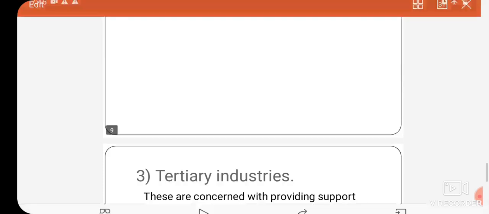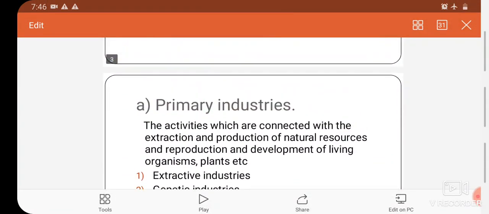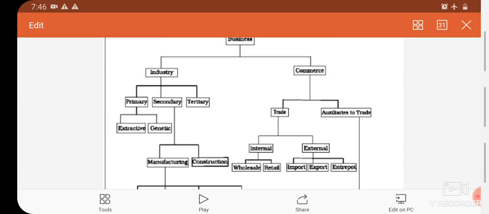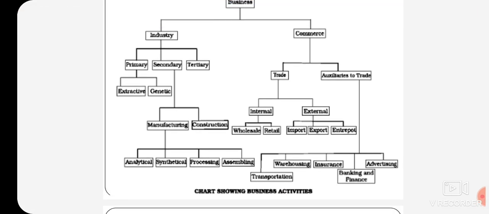Make it a point, dear students. That is the classification of business activities we have studied so far. Industry meaning: industry is classified into three, primary, secondary, tertiary. In case of primary, extractive and genetic. Then in case of secondary, manufacturing industry and construction industry.